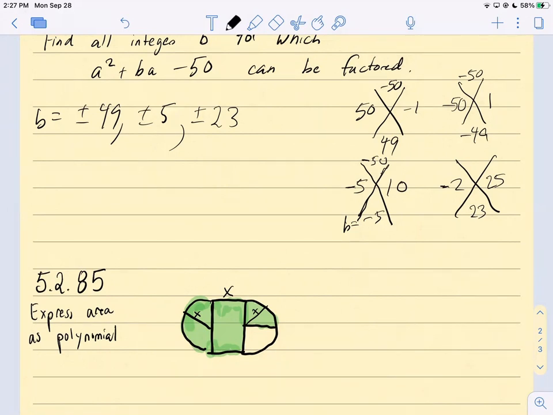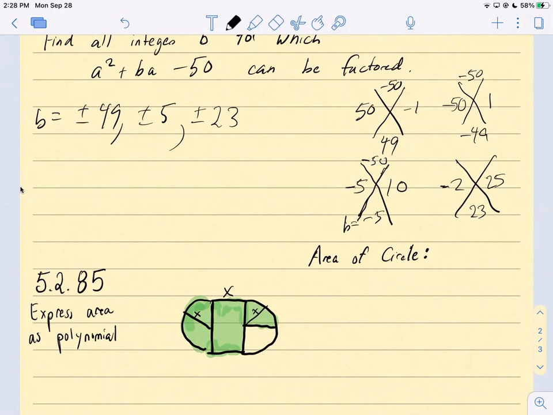Does anyone remember, this is a problem I think from the homework, the equation for the area of a circle?